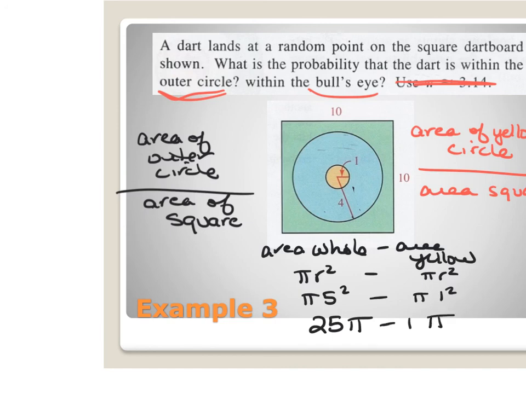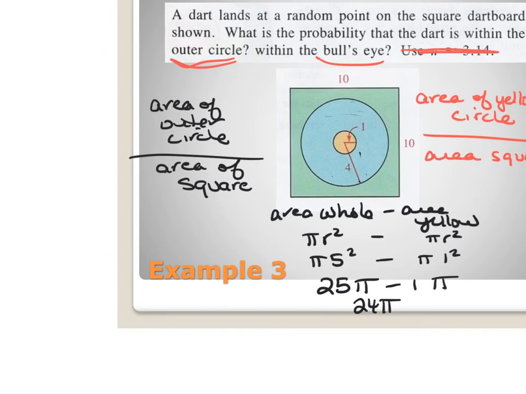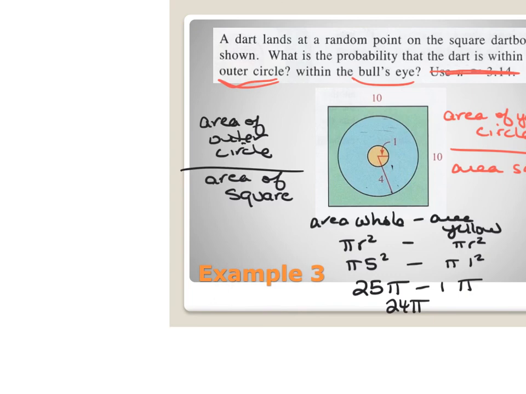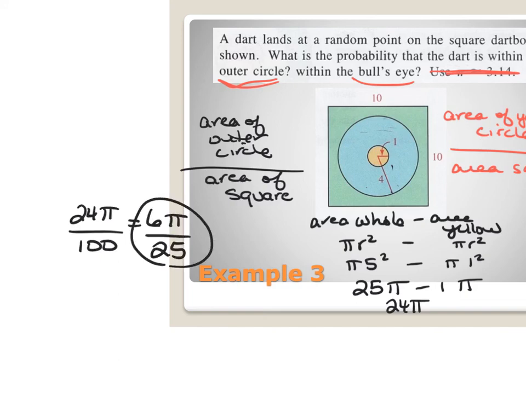So minus 1 pi. So the area of the blue donut is going to be 24 pi. Now I put it over the area of the square, which again is 10 times 10. So I'm going to do 24 pi over 100, and I need to reduce. I can divide them both by 4, and this becomes 6 pi over 25.